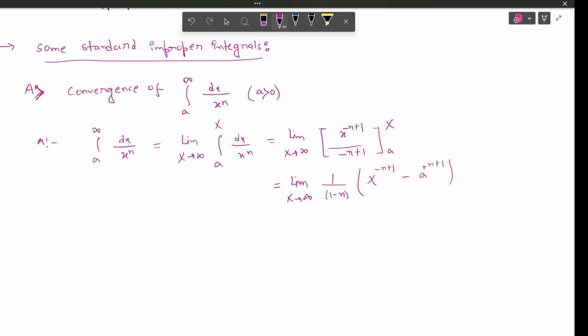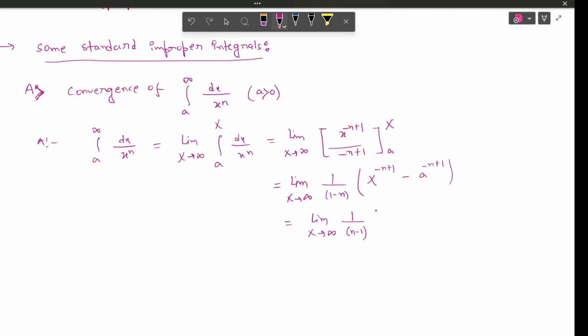Now if you take minus common, then it will be 1 by n minus 1.